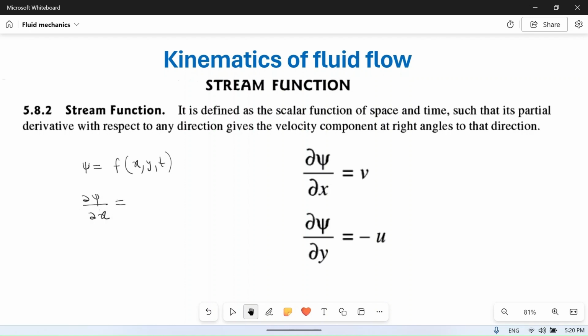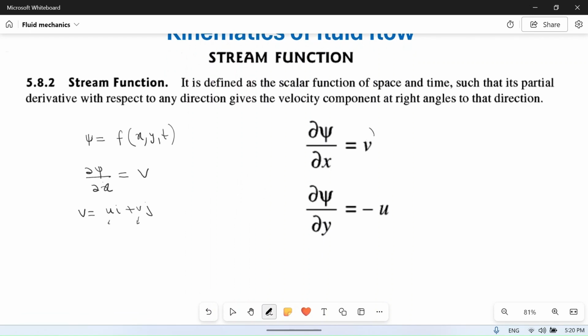And what is the velocity in the y direction? See, velocity in two directions is written as ui plus vj. So in the x direction this is u, in the y direction this is v. So what will be the velocity in the y direction? v. Okay, so this is written here.